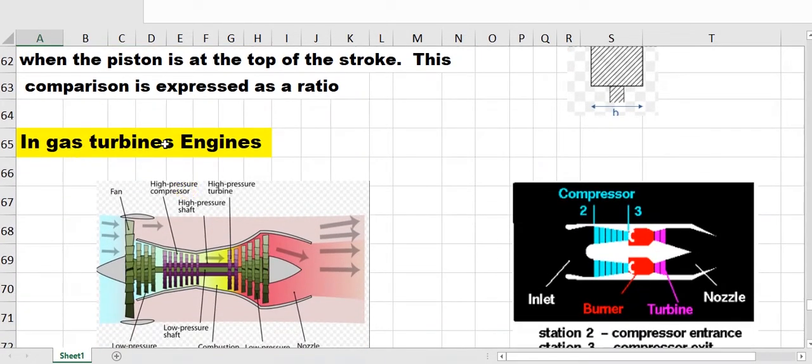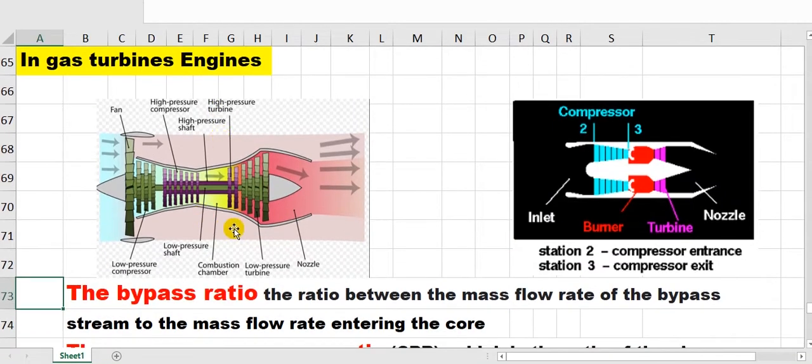In the gas turbine engine, there are two ratios we use. The first one, the bypass ratio. You see here, there are two parts of air. The first part goes through the fan, surrounding the core.